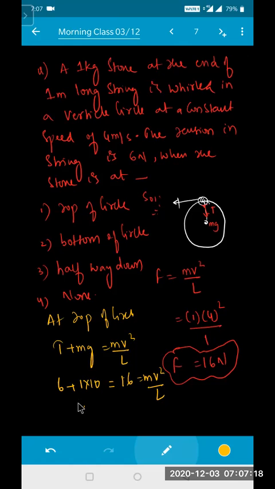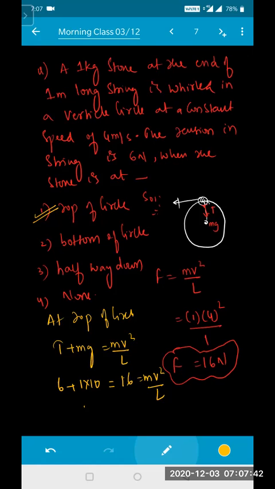If it is at the downmost position, then what happens? It will be T minus mg. So it will not be lesser than that, it is not possible. It should be at the top of the circle. Okay? So actually, at the top of the circle, velocity is not 0 and tension is 0 at the highest position. T minimum is equal to 0.